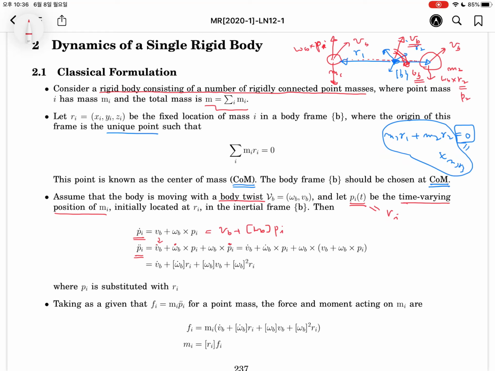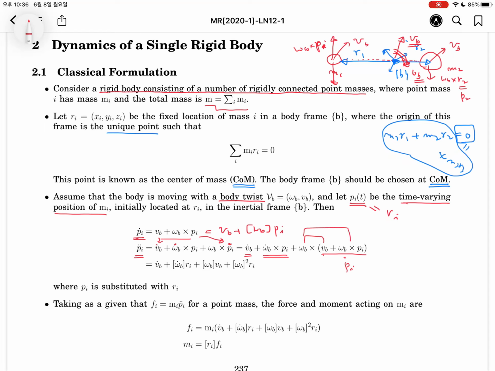We know that pi dot is equal to this one, so it can be applied here. So we have four terms: Vb dot, omega b dot cross pi, omega cross Vb, omega cross pi.